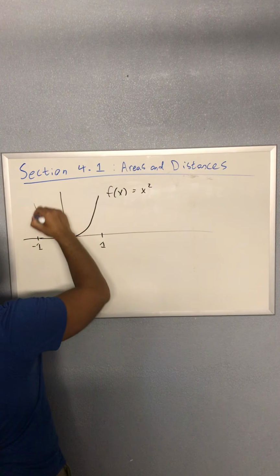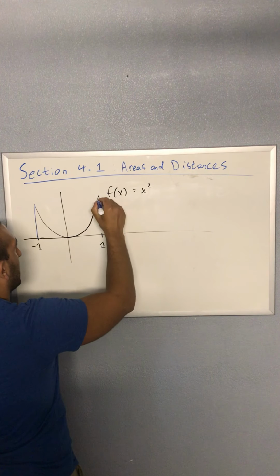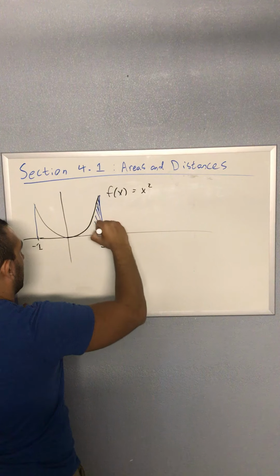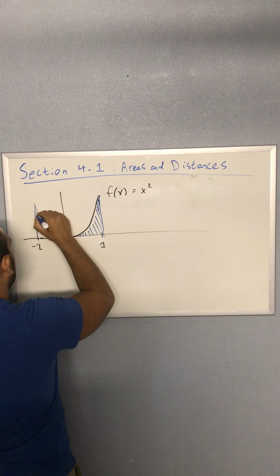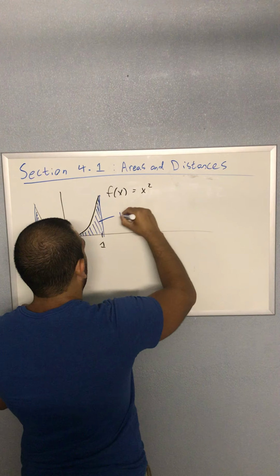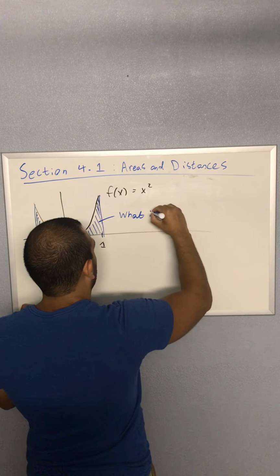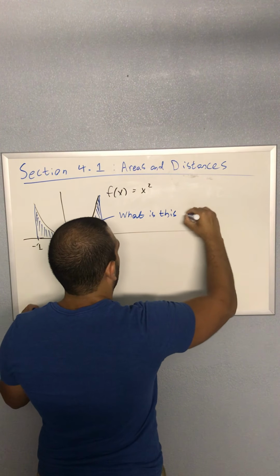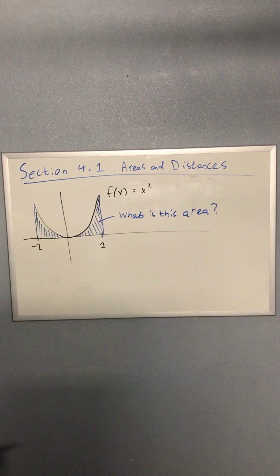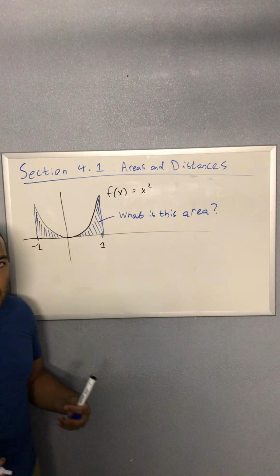So what do I mean by that? I mean this thing right here. Say you want this area. You ask, what is this area in the blue underneath the curve?